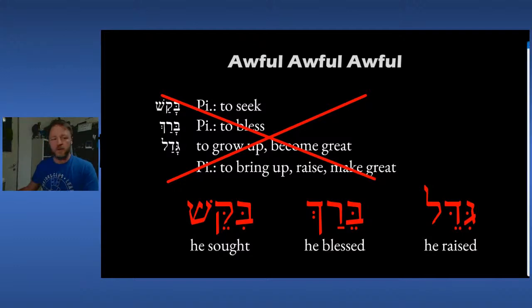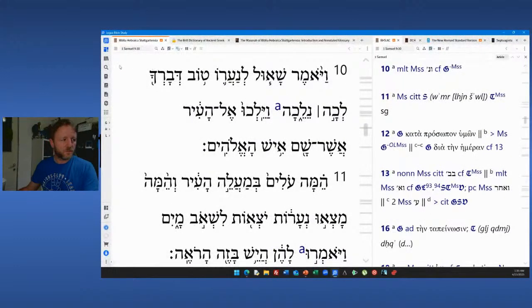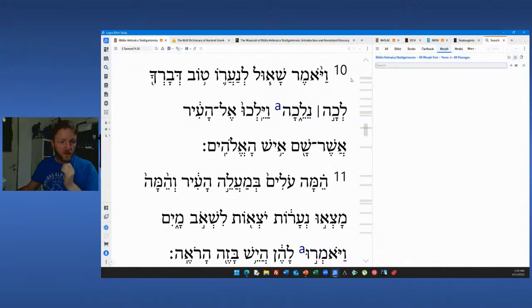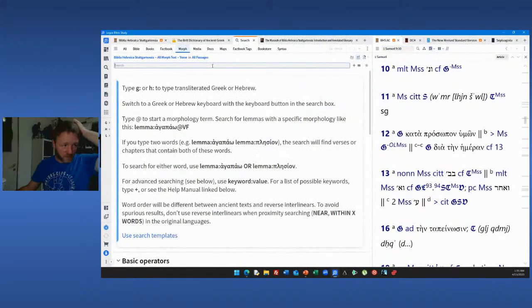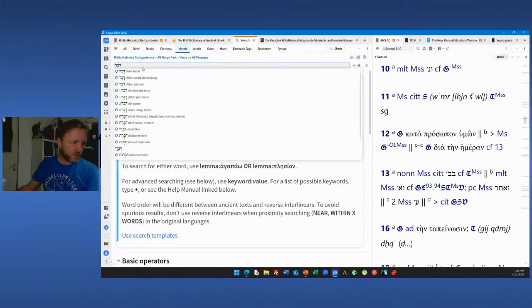One way to do it, if you have Logos, we were just reading in 1 Samuel chapter 19. So you can hit search. This is for people who have Logos; I don't know about other programs. Let's say diber. We look for the root, dalet bet resh, and pick the one that means to speak.